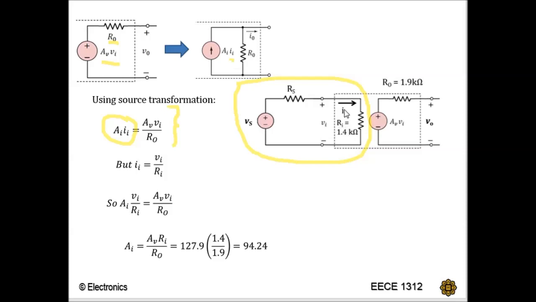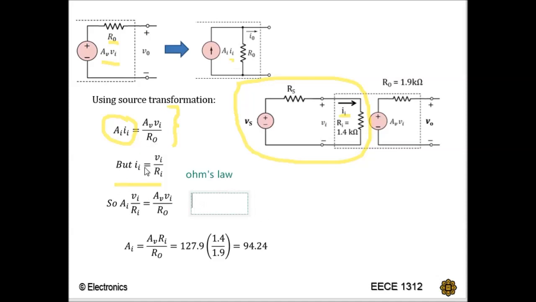VI over RI is your I in. This is also Ohm's law. So you can see here, this is Ohm's law. That's what you are doing.